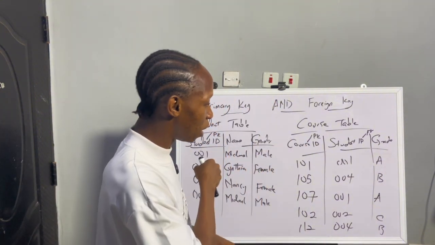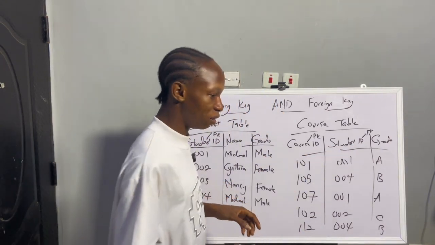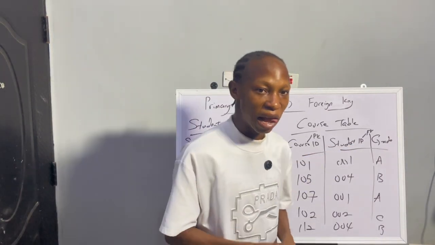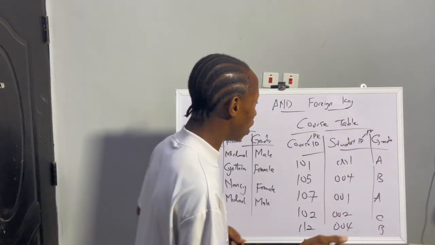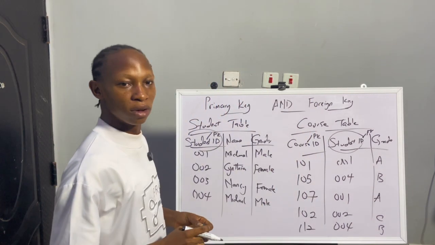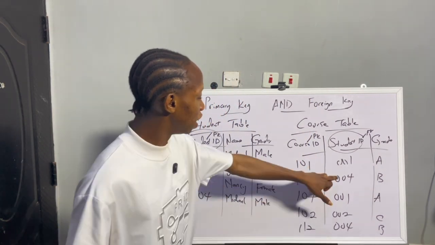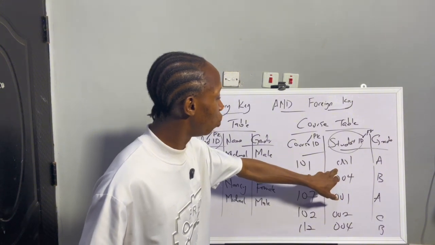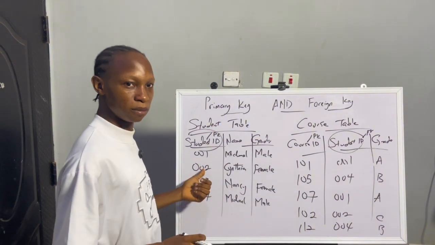So if you want to join these two tables together, you are going to join them on a column that they have in common, which is our student ID. Student ID is a foreign key here, referring to the primary key there.